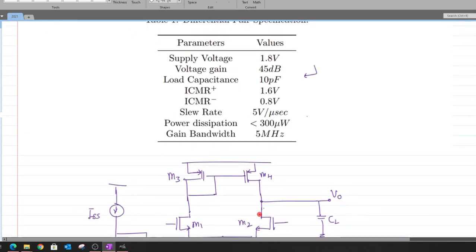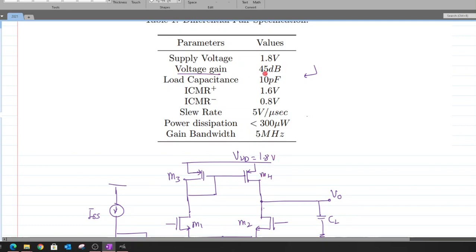Let us go through the specification that is given, and later I will write down the steps. The very first parameter says that our power supply is equal to 1.8, so the VDD that I'm using here would be equal to 1.8 volt.